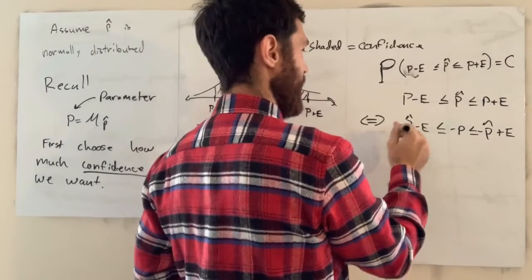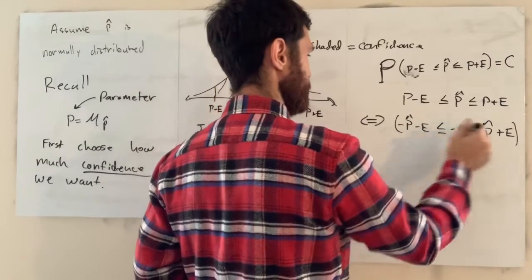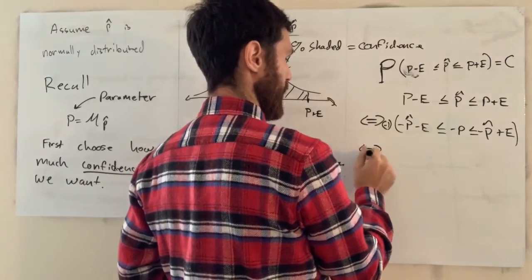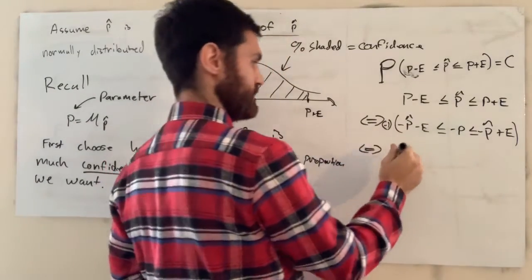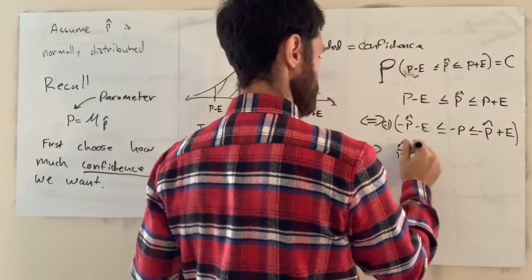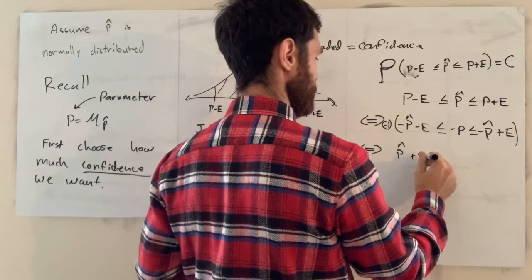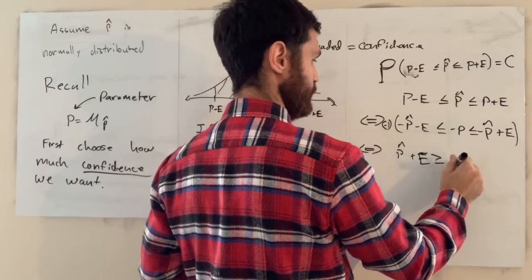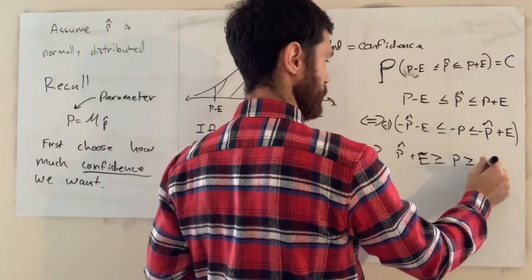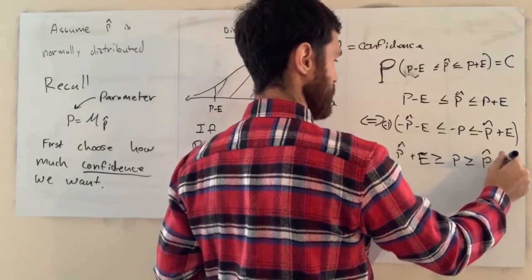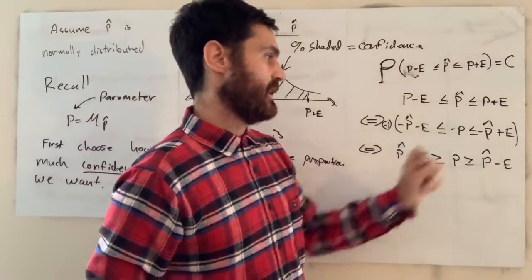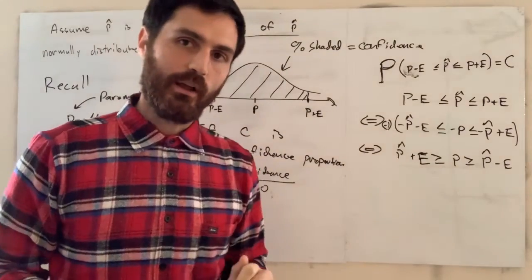All right, now if I multiply this all by -1, I'm going to get an equivalent inequality that's going to say p hat plus e is greater than or equal to p is greater than or equal to p hat minus e. So you multiply all of these terms by -1, and then you flip the inequality.